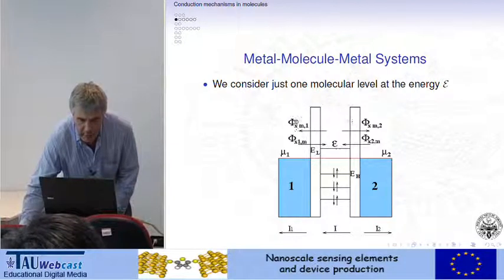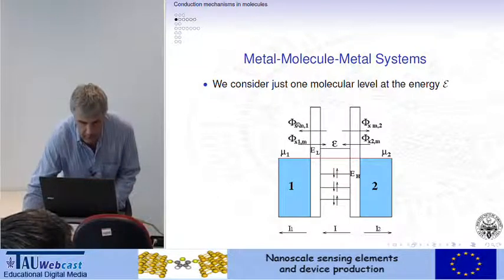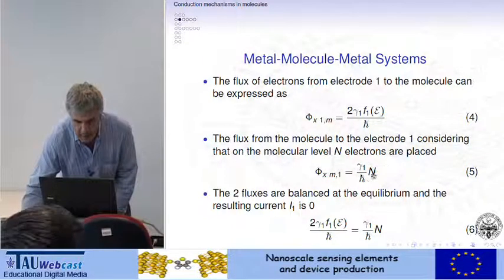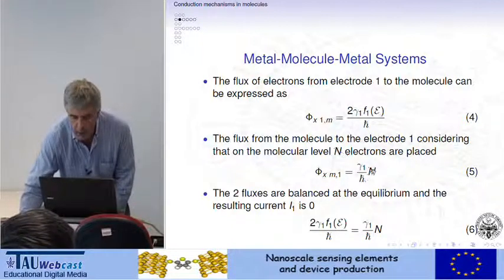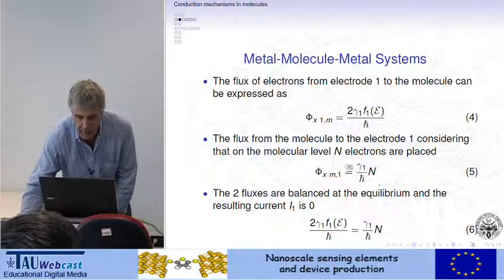Now we can do the same for the flux of the electrons traveling from the molecule to the electrode. The expression is similar, this one, from molecule to electrode 1. So we have N. N is unknown now, but we can use it to define this possible flux, because if we know N, we can evaluate the flux, and the flux again is N over time, but the time is gamma 1 over h bar.